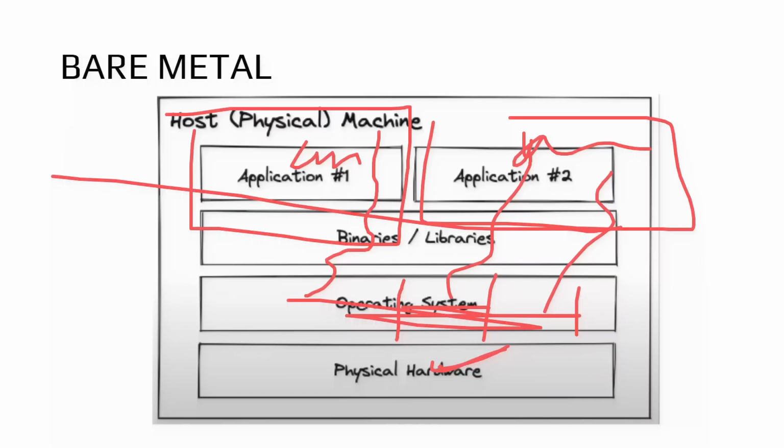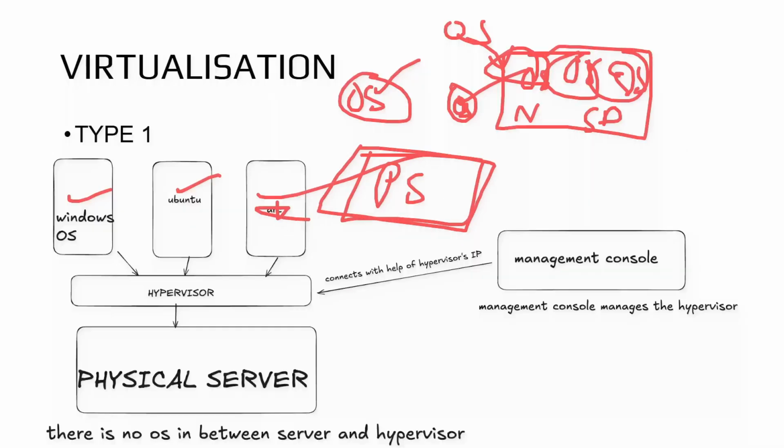Since it has its own operating system, it has its own kernel and so on. So we can now utilize the physical hardware as much as possible. Earlier we needed to boot up newer machines to do this, but now on one physical hardware we can have multiple operating systems.